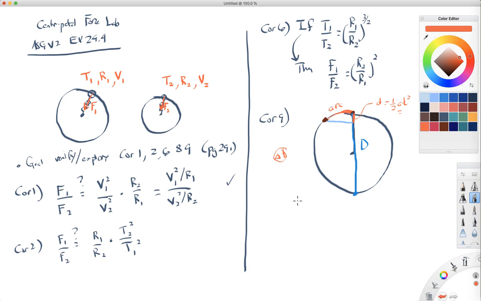What he claims is that the arc length is the mean proportion of little d and big D. In other words, little d is to the arc length as the arc length is to big D. So this arc length is a mean proportion of the distance it would have fallen in the presence of this force to the diameter of the orbit. So you're going to be checking whether or not this is the case. Okay, best wishes. If you have any problems, of course, you can attend my Zoom office hours, and I hope the lab goes well.